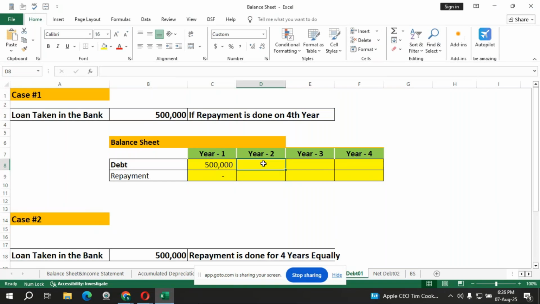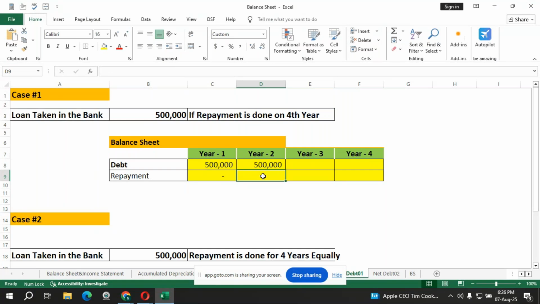Again, in year 2, what happens? You have the same amount pending for the next year. So for the next year, if you have to calculate, it means 5 lakhs minus 0, so it is again 5 lakhs.